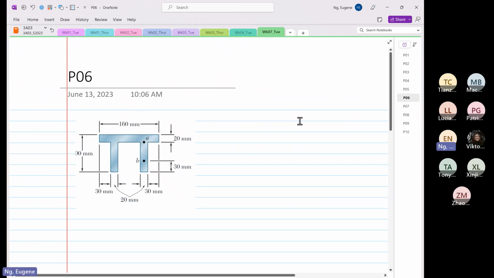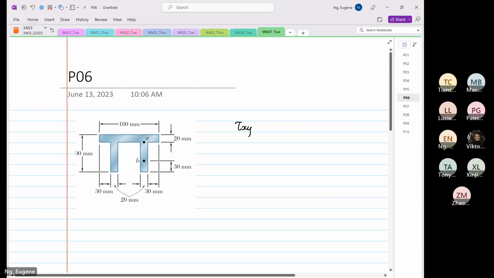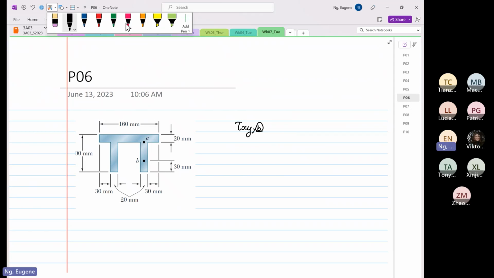So now we're going to find shear XY at point B. I'm going to sketch where the centroid is, the geometric global centroid.